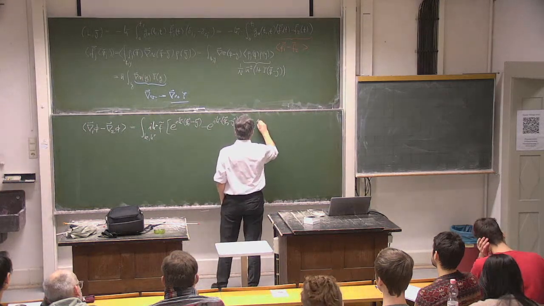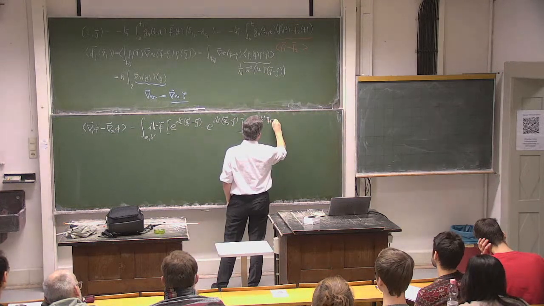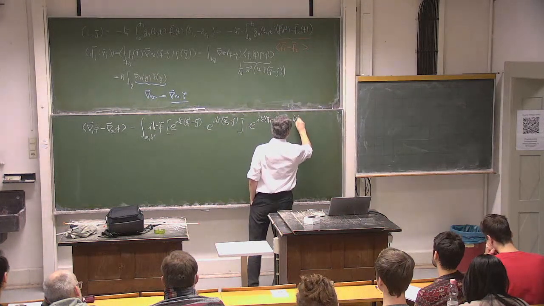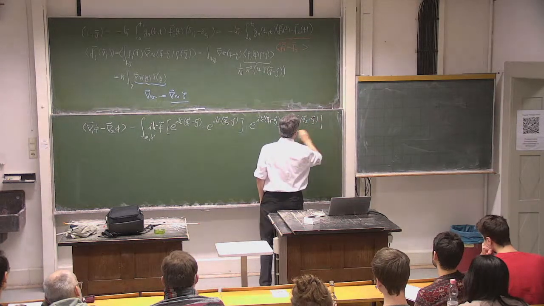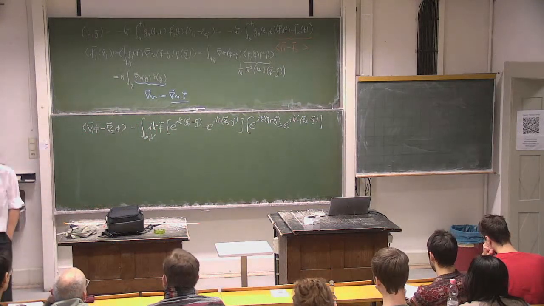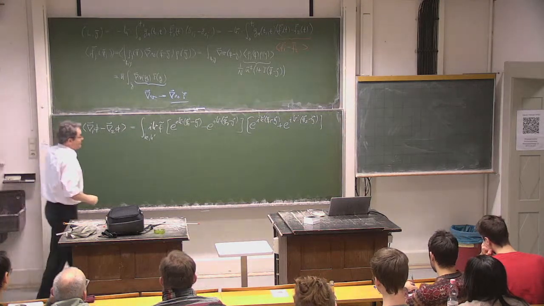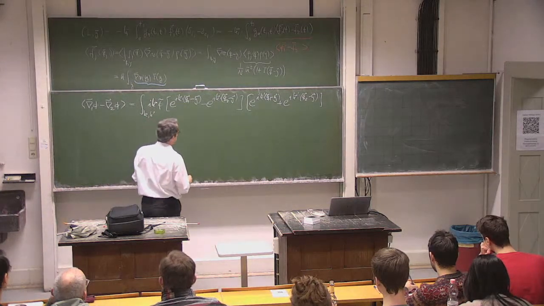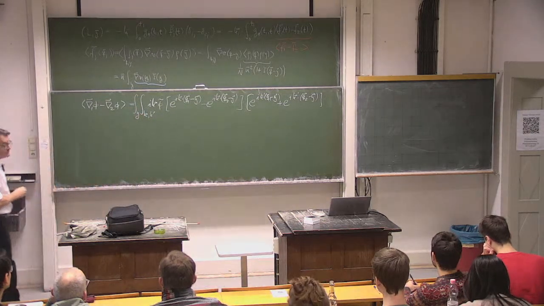I'm going to write e to the ik prime times q1 minus y plus e to the ik prime times q2 minus y. In other words, I'm evaluating this mean force term at the positions of the two particles. Now what's going to happen? I also need to integrate over y, according to our prescription of the interaction term.